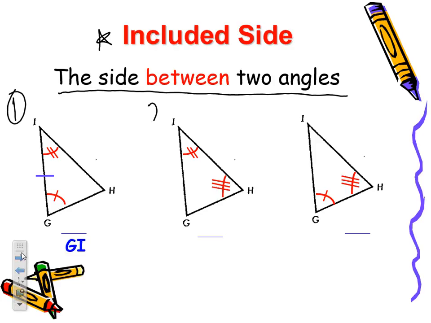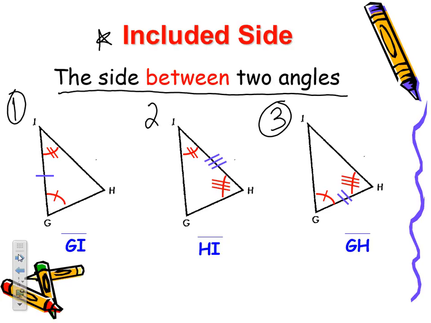Example number 2, this side between the two angles is going to be HI. And the example number 3, the segment that's included is between G and H, so it's going to be segment GH. All right, moving on.